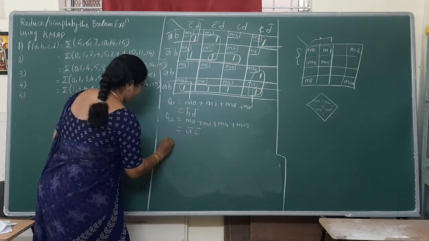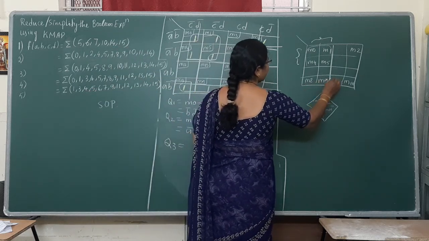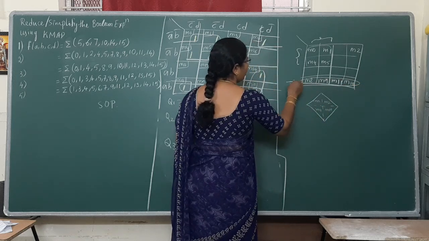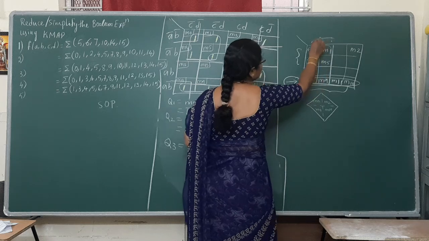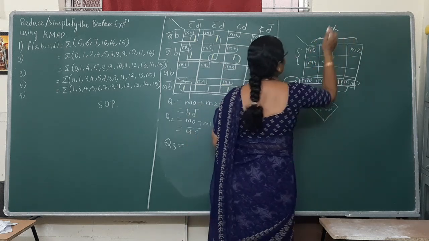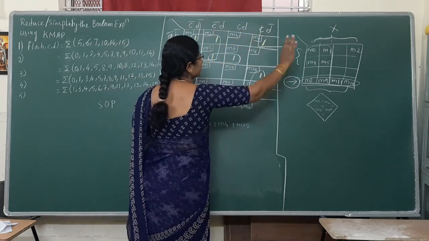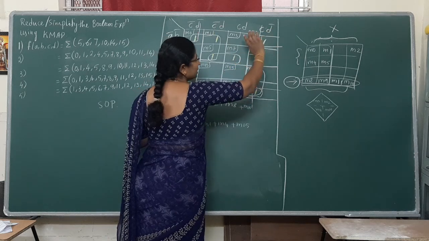What is the next quad? Quad 3. Now I am taking M8, M9, M11. Among these, the row heading is common. All the column labels get cancelled. When we have horizontal, column labels get cancelled.